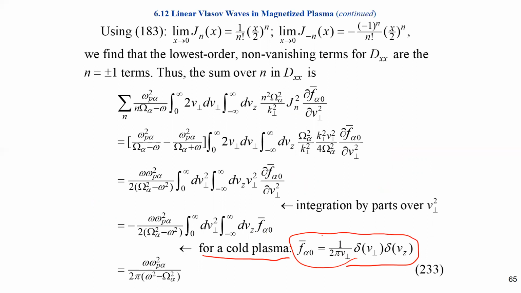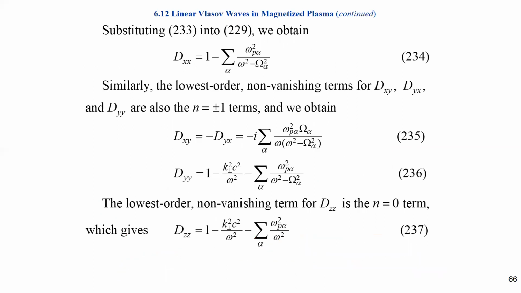For example, we assume a cold plasma and we obtain simple relations. By substituting a cold plasma, we got this one, and the others are shown here. Just like in the previous case, we have the big picture, not the small picture.